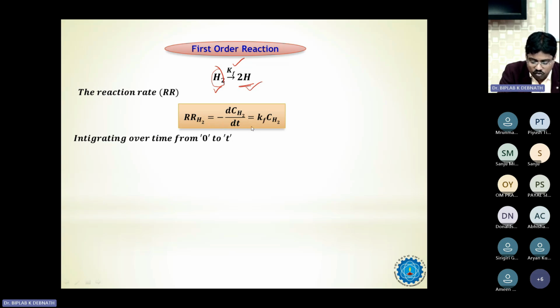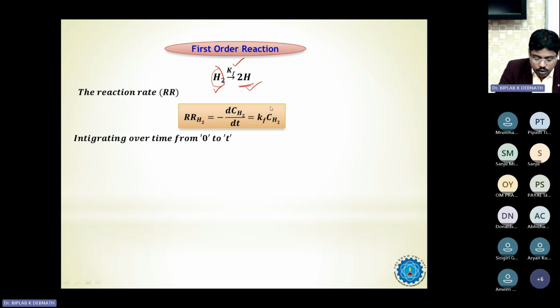Then using the law of mass action, this should be equal to kf into CH2. Here we have considered only the forward reaction rate kf. It should actually be CH2 to the power of the molar concentration of the reactant, but this is only one here, so it is not written.